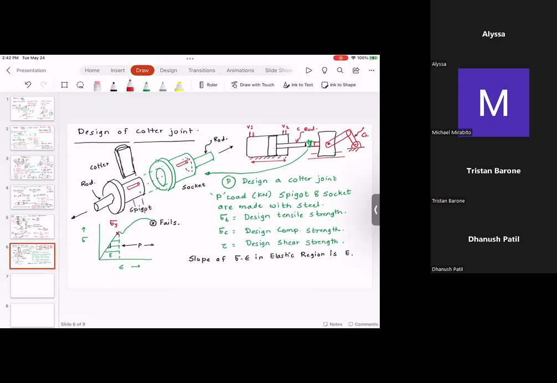So there is something called the design stress, which is sigma design.